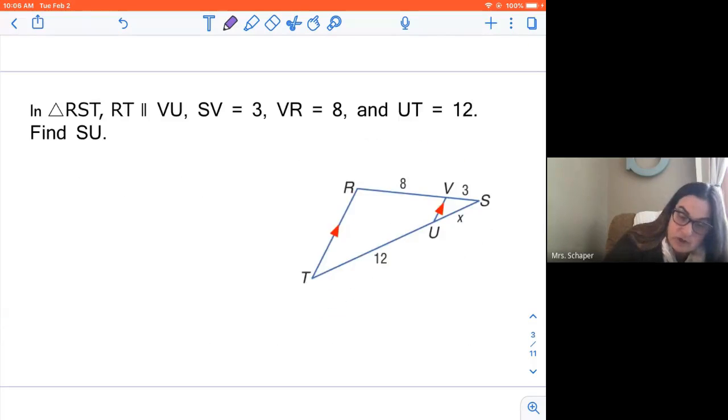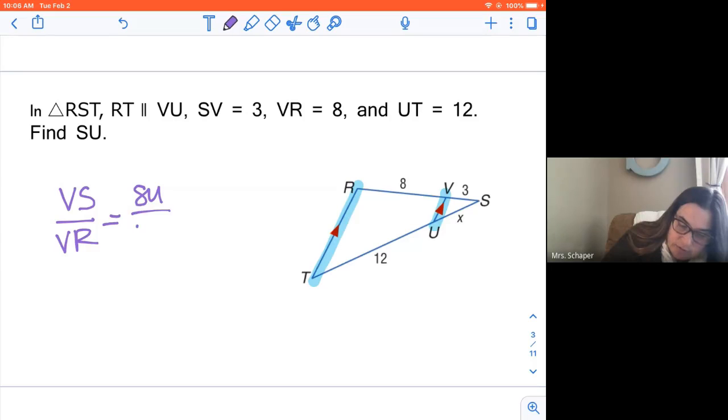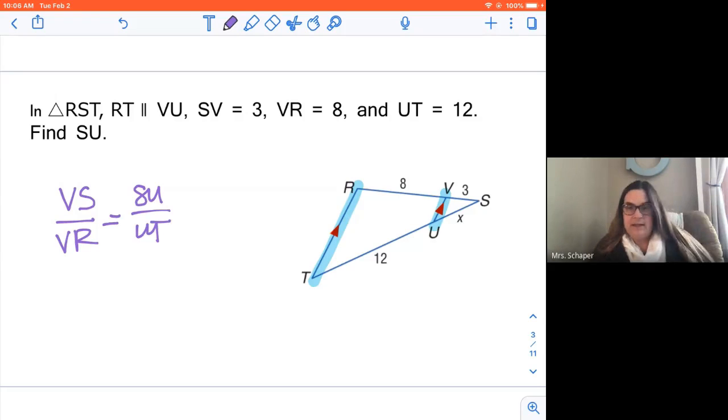All right, so I've got two parallel lines, and so what we're saying is that VS is to VR as SU is to UT. So I'm going to fill in what I know.